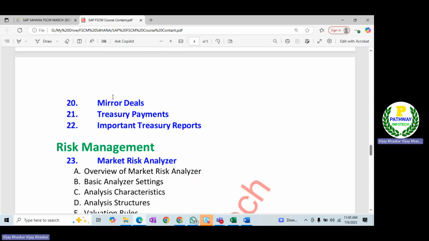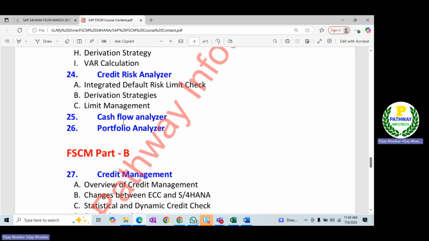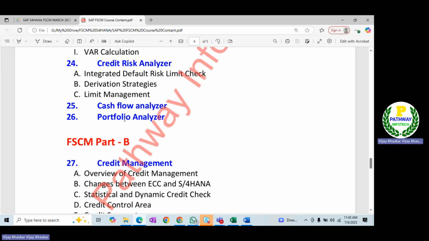After completion of the treasury topics, I'm going to start risk management, since treasury is a separate setup, and risk management is a separate setup. But risk management has a dependency on treasury. So risk management, market risk analyzer, credit risk analyzer, cash flow analyzer, portfolio analyzer. These are the topics we are going to cover.